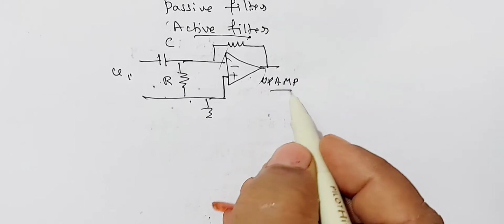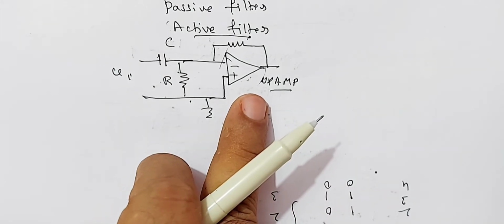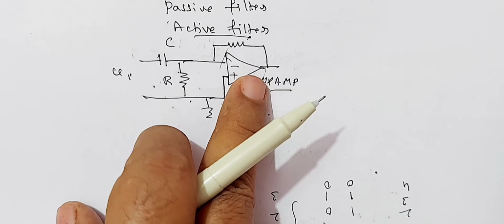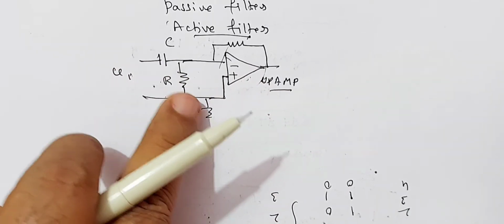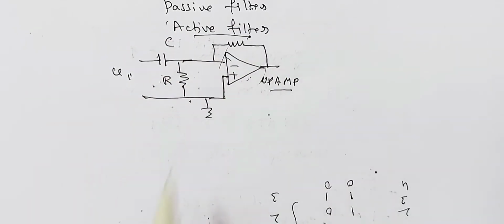We know that an op amp is a device which consists of two transistors connected in emitter coupled form, that is, emitters are coupled to each other. The two transistors it contains. Therefore, transistor is an active device. Therefore, this circuit contains active components such as transistors, along with passive components such as capacitor and resistor. This type of filter is called an active filter.